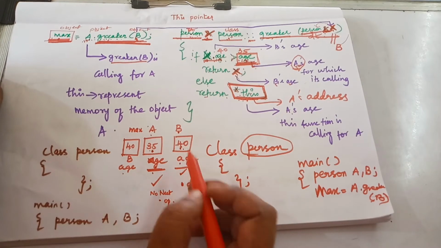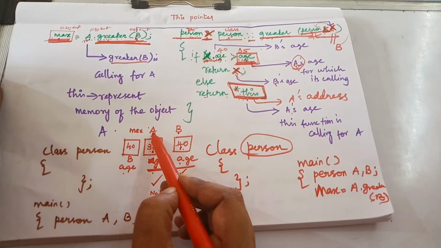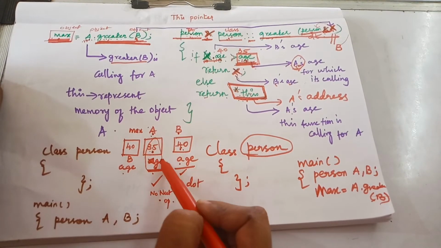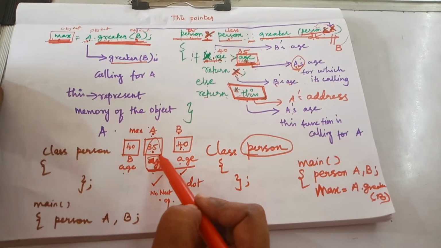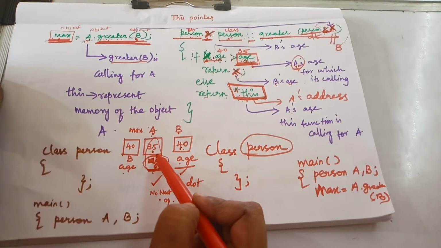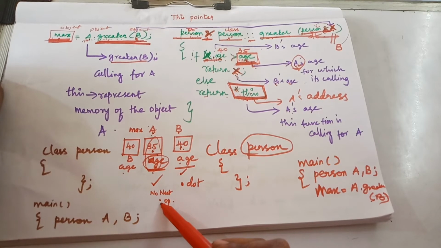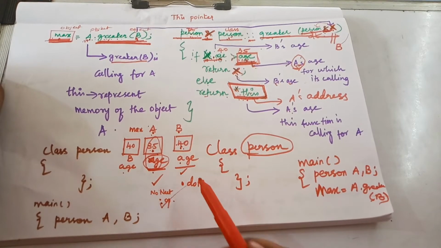I'm calling the member function for the object A. I'm going to use a data member in A. So to access this data member, no need to use the dot operator because I'm calling the member function for this object.